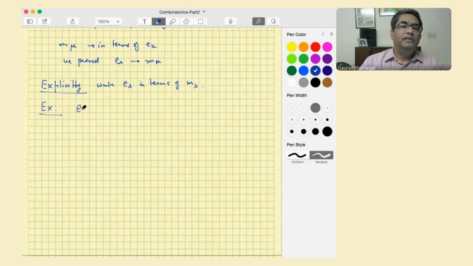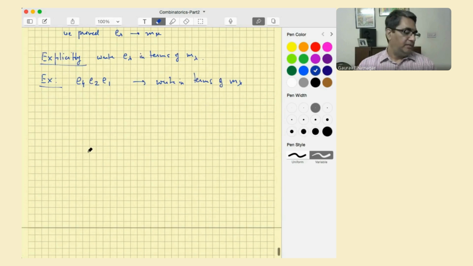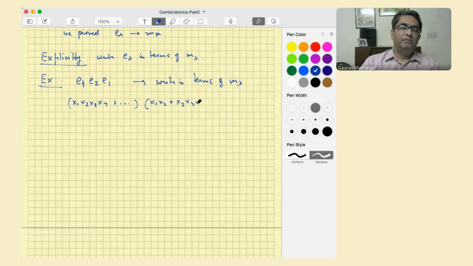So let's say we have E4, E2, E1, and we write it in terms of m lambda. So what is this? This is x1, x2, x3, x4 plus similar terms, times x1, x2 plus x2, x3 plus similar terms, times x1 plus x2 and so on.